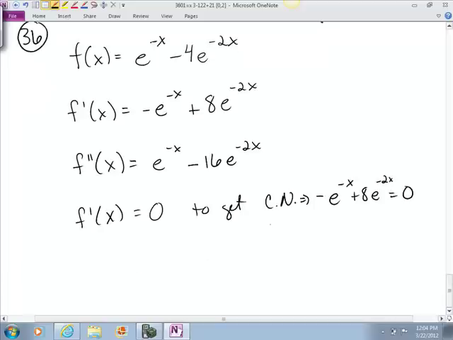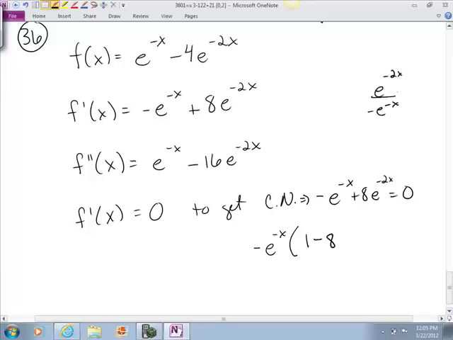And so let's factor negative e to the negative x out. If we do it here, we'll just get 1 and then minus 8. Now, to factor means to divide. So your e to the negative 2x divided by negative e to the negative x.